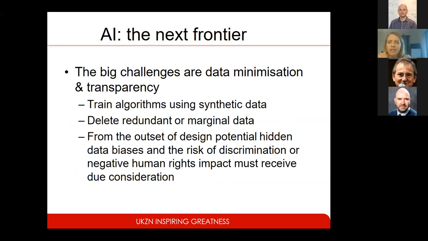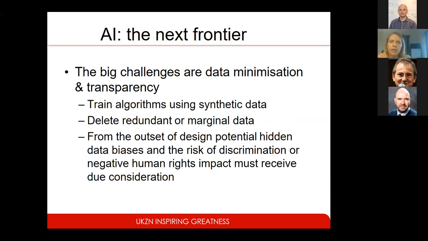I have not touched, and I will close now with the next frontier. Perhaps our participants can share some of their experiences, but artificial intelligence and machine learning are the next frontiers.